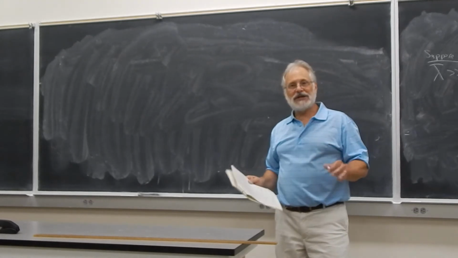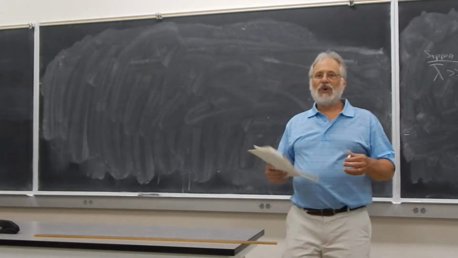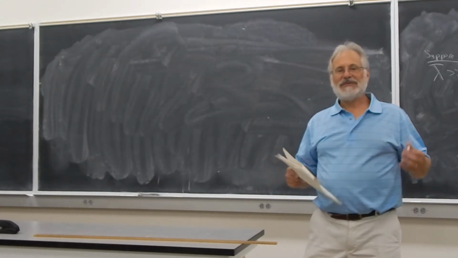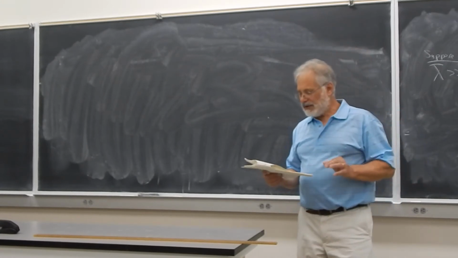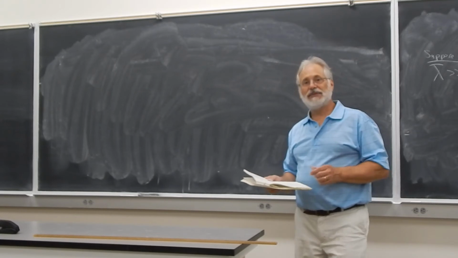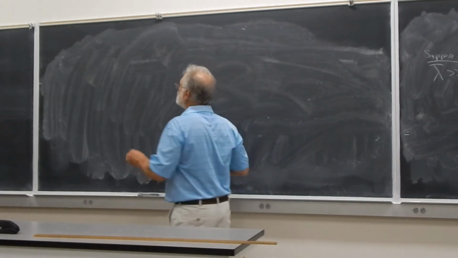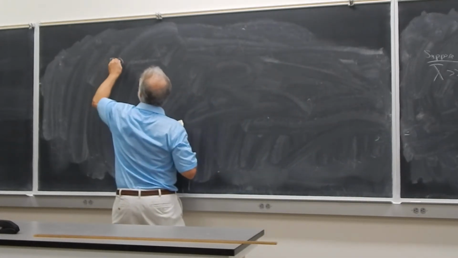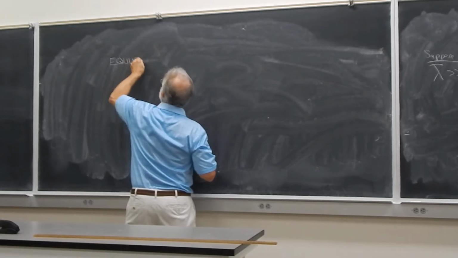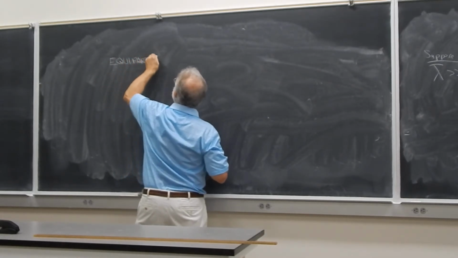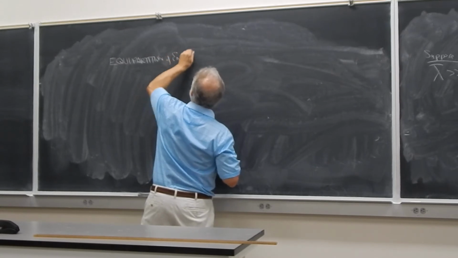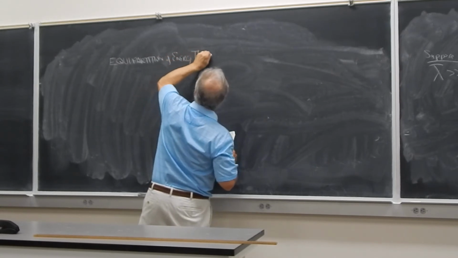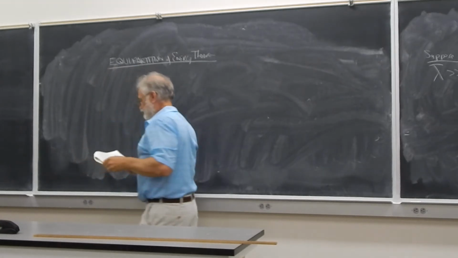It fails miserably when we go to quantum statistics, but we can use this nicely for a classical system. So what I'd like to do is to talk about the classical equipartition of energy theorem.